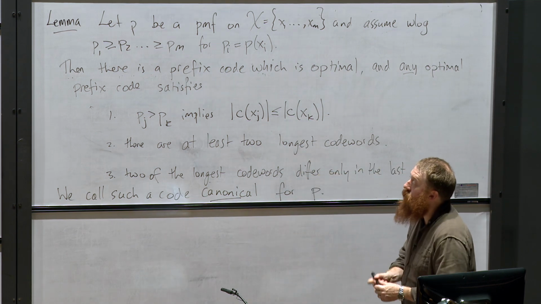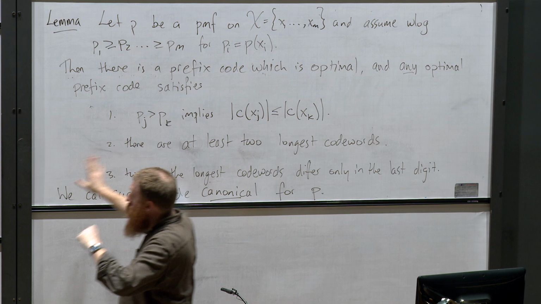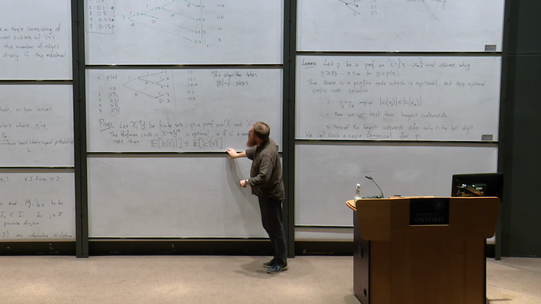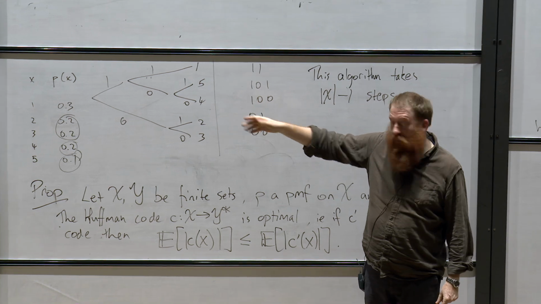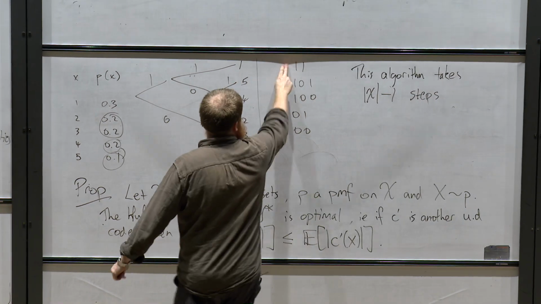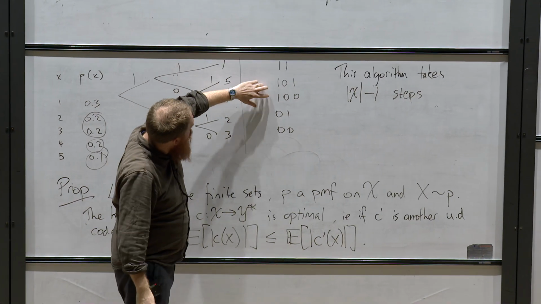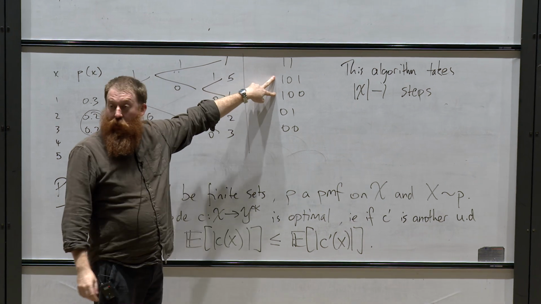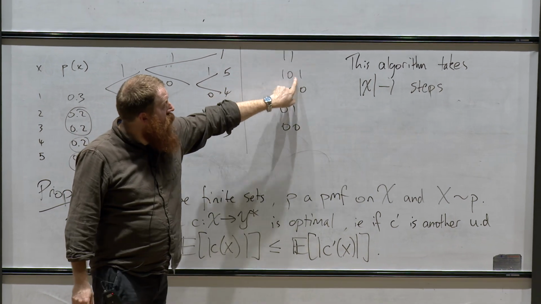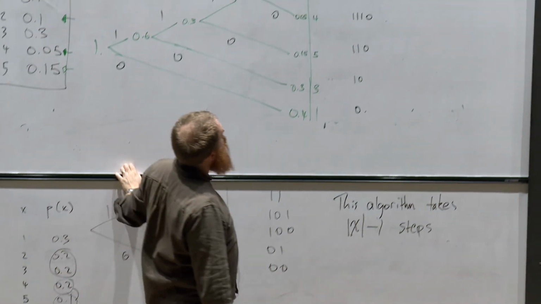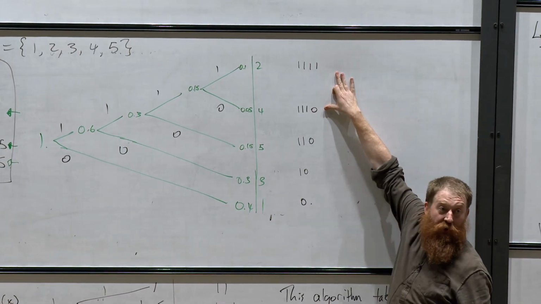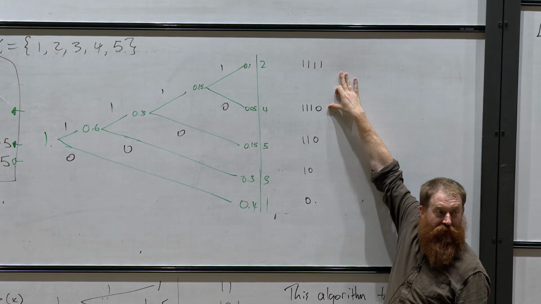We won't go through the proof now, we don't have time, but I just point out that this is indeed true for the codes that we've constructed. So you can see here, there are 2 longest code words, and they differ only in the last digit. In this example, there are 2 longest code words, and they differ only in the last digit.